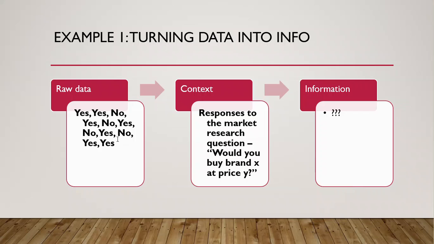So yes, no, yes, no. This yes, no refers to the response from the market research question. So what kind of information can be derived from this raw data given this context?